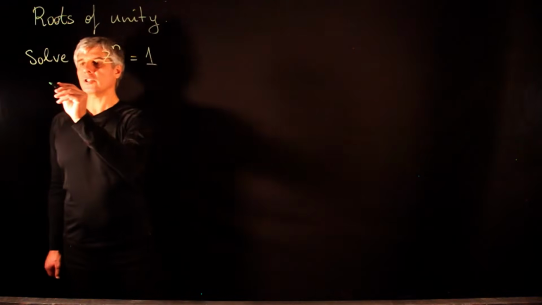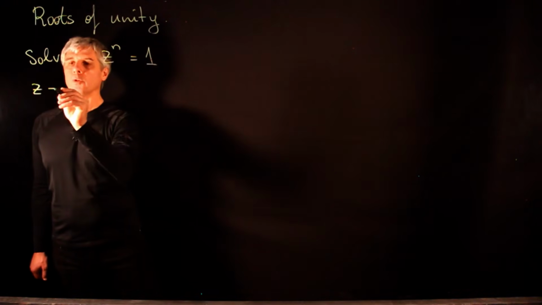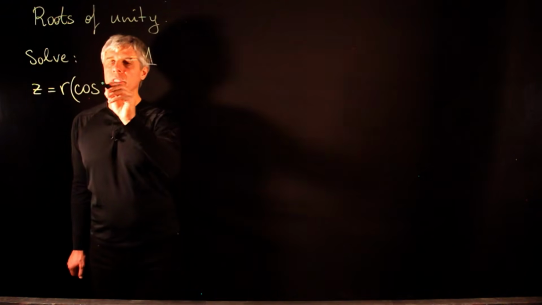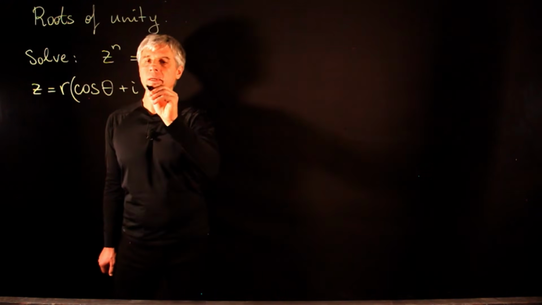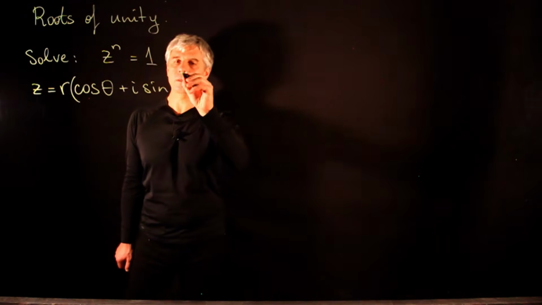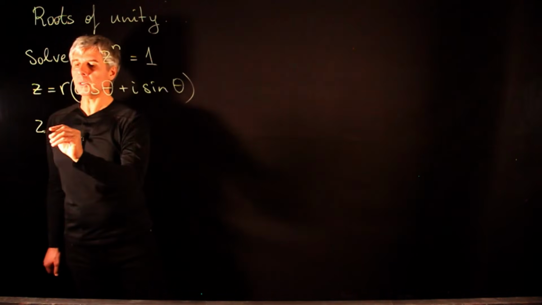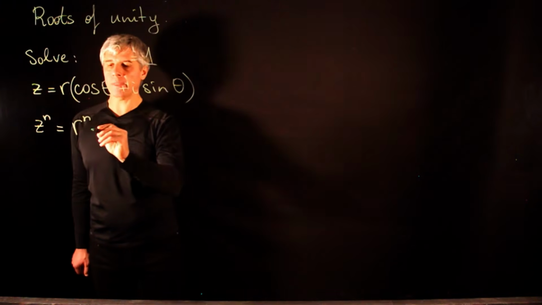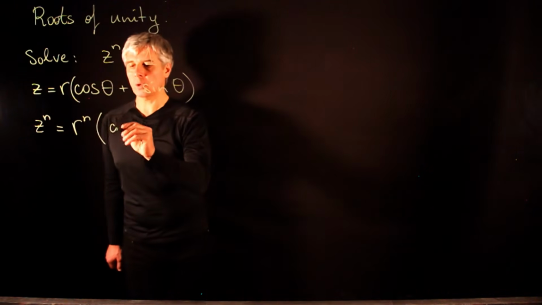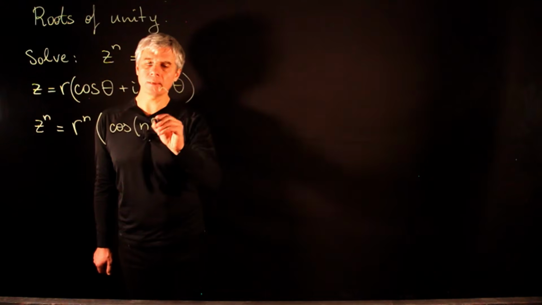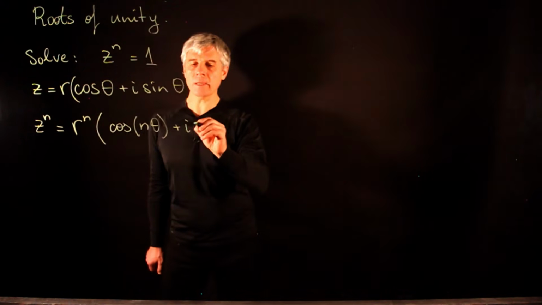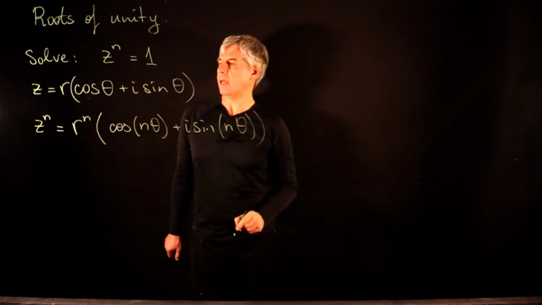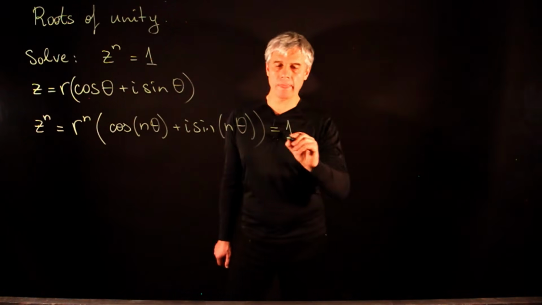To solve this equation, we write z in polar form. We write z is equal to r times cos theta plus i sine theta. Then, as we saw, z to the power n is equal to r to the power n times cos of n theta plus i sine n theta. And we equate this to 1.